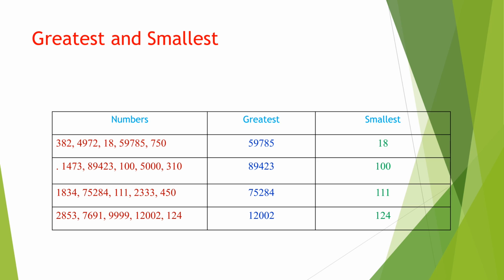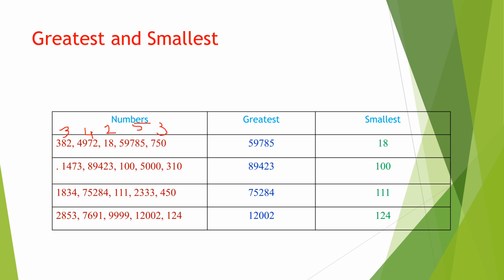See, count the number of digits in these numbers. In 382, how many digits are there? 3. 4972, 4 digits are there. 18, only 2 digits. 59,785, 5 digits are there.